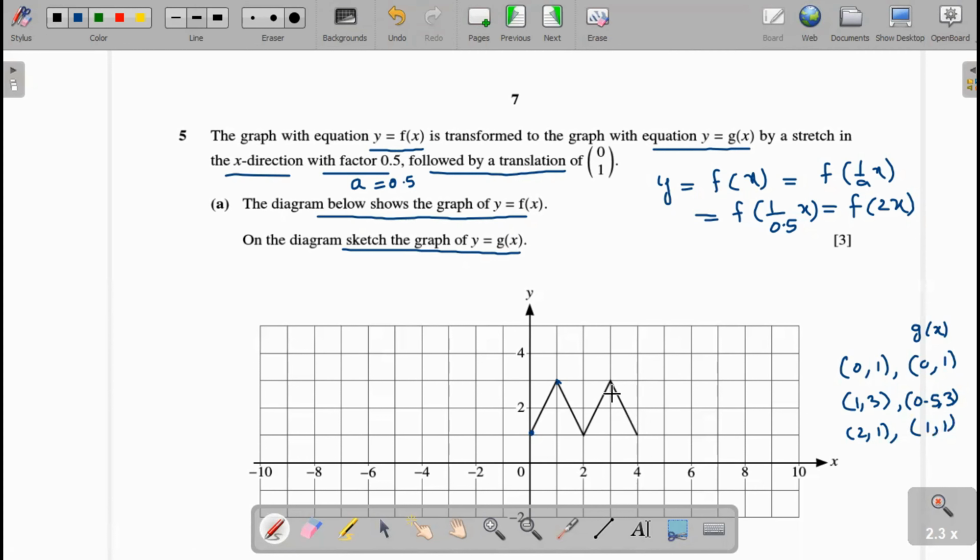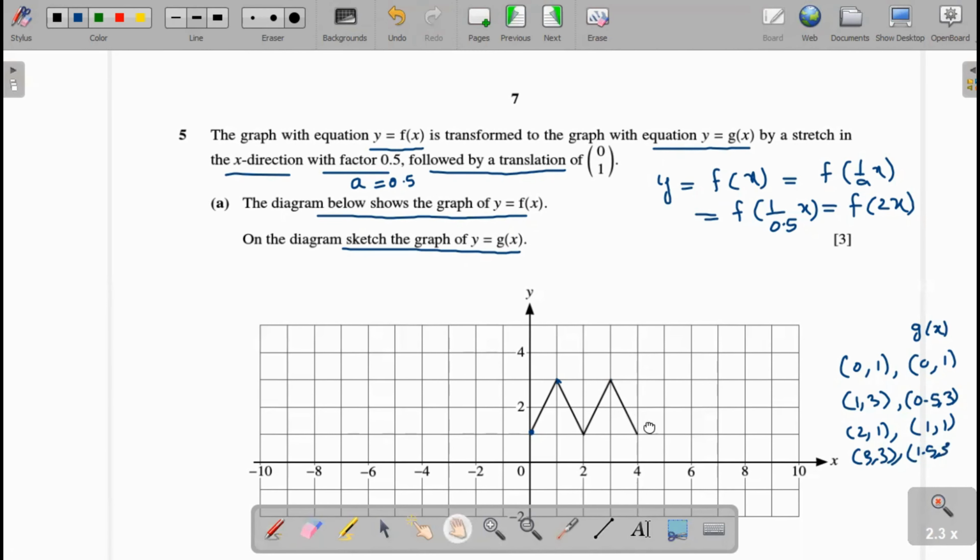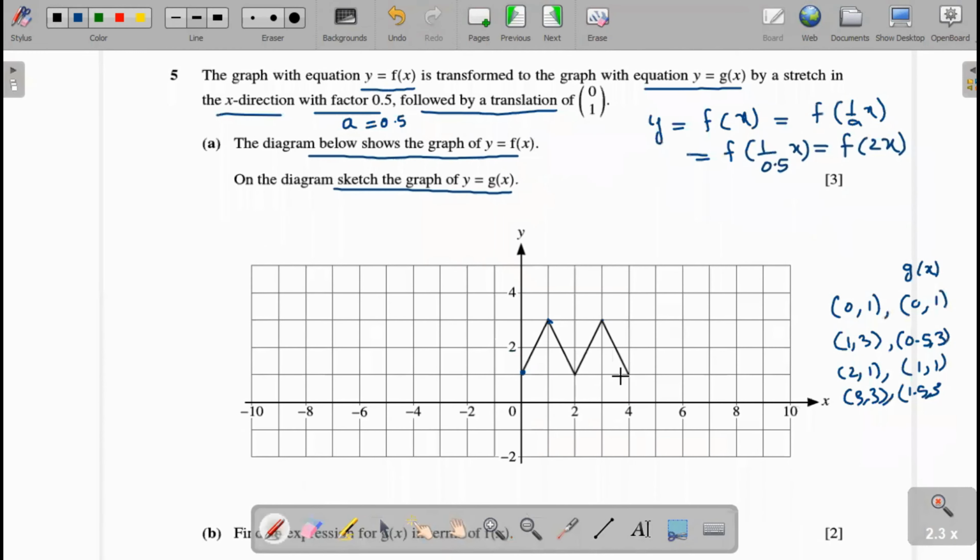The fourth is (3, 3), which becomes (1.5, 3). The last coordinate is (4, 1), which becomes (2, 1).